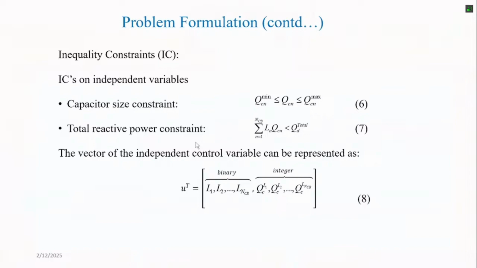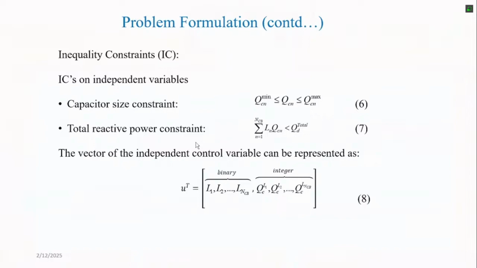From an optimization point of view, if a capacitor bank is there it will show 1, if it is not there, it will show 0, and where the value of 1 is there, the corresponding size of capacitor it will determine. So this integer value will be defined based on its minimum and maximum value.